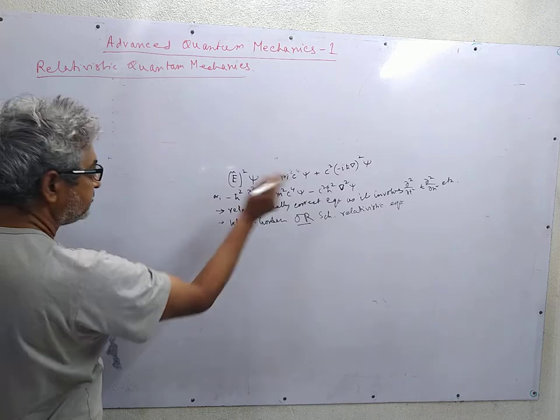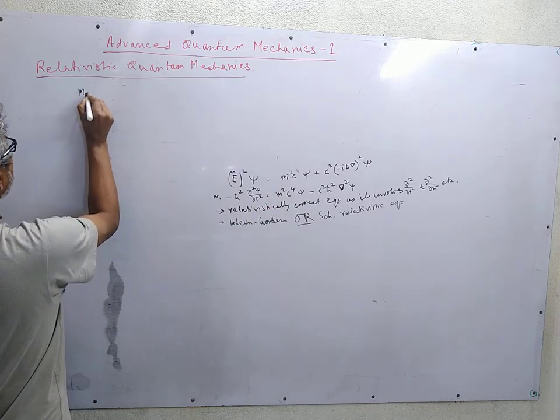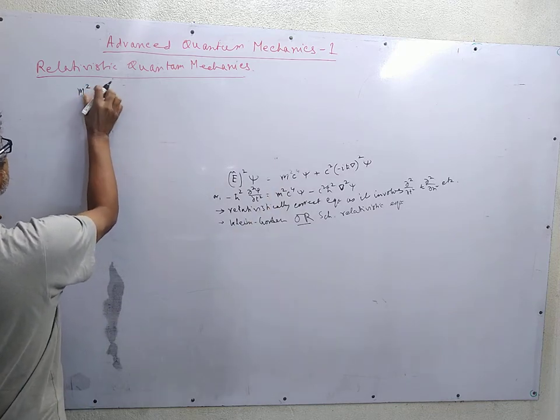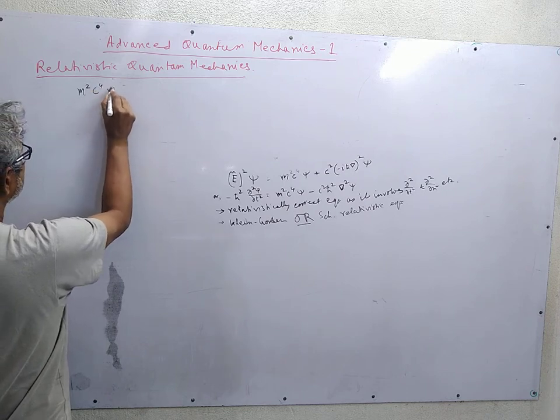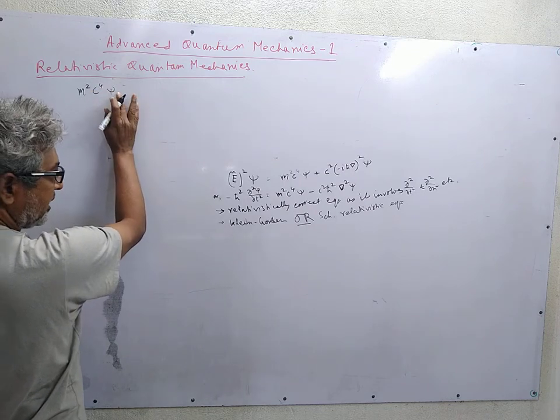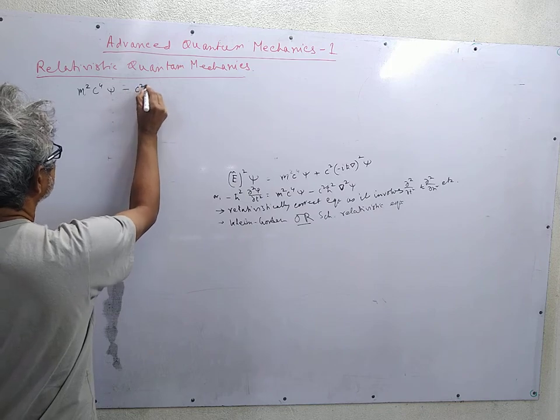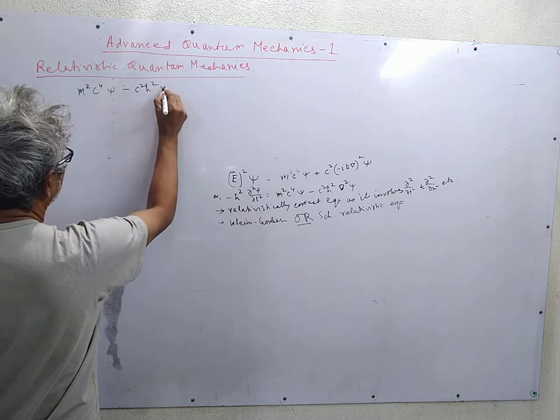So this is m square c to the power 4 psi. I am not writing the argument of psi, c square h line square.